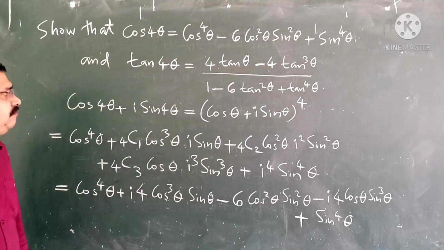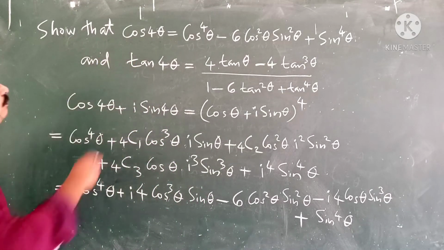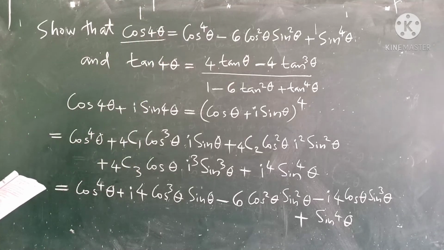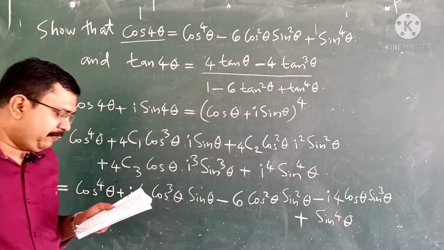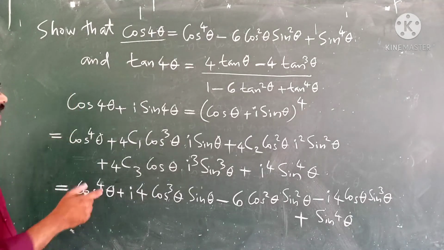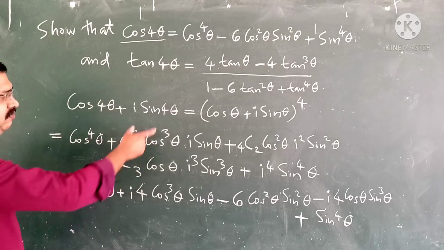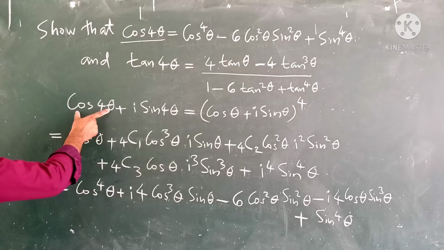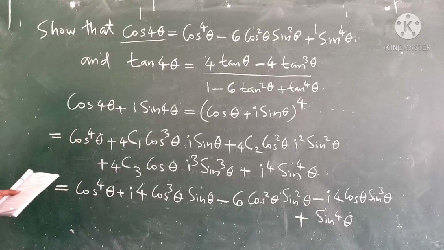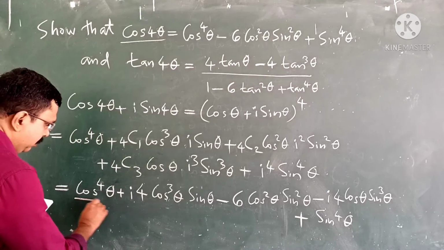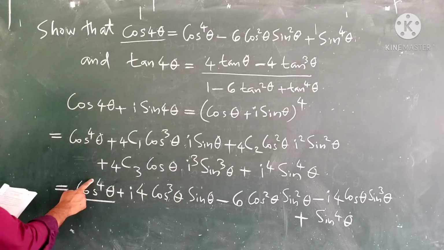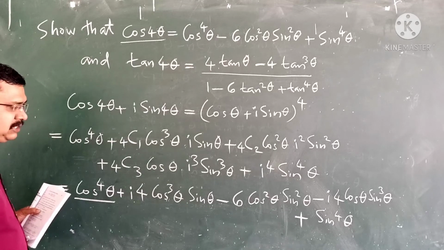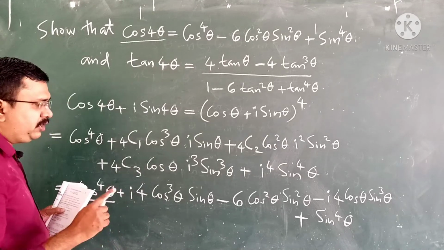Now we want to find out the value of cos 4 theta. For this purpose, we are equating the real and imaginary parts, so that we will get cos 4 theta and sin 4 theta. Remember that cos 4 theta is the real part, that means the terms which do not contain i.